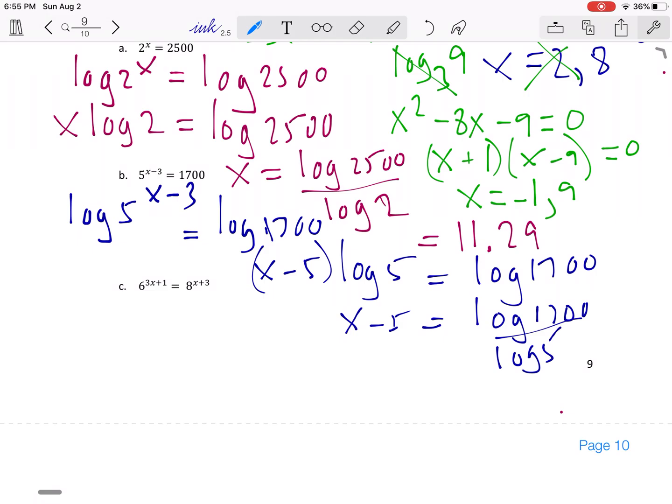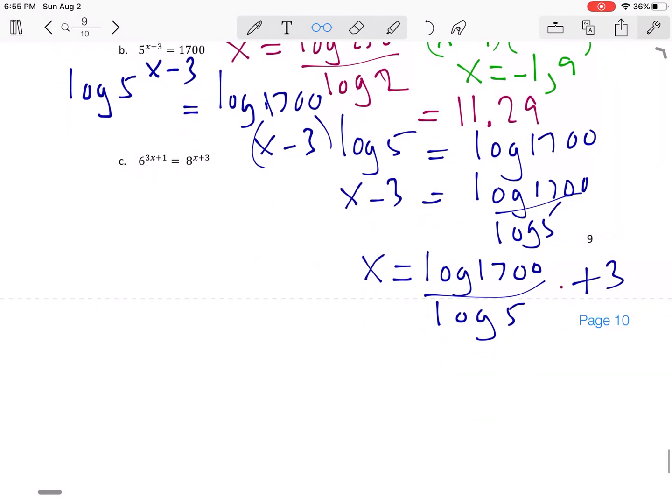And so to solve for x, then x is going to equal, oh sorry, it was x minus 3, not x minus 5, I wrote it down wrong. So x is going to equal log 1700 divided by log of 5 plus 3.